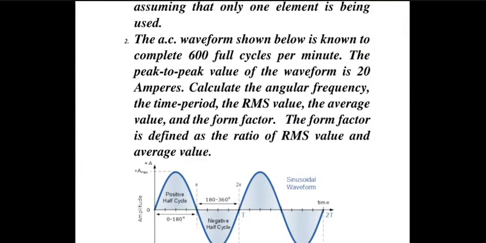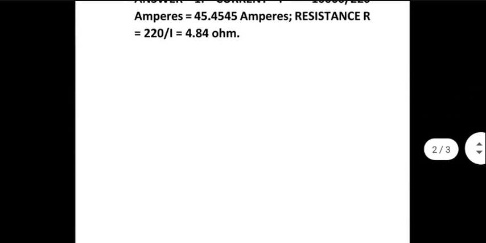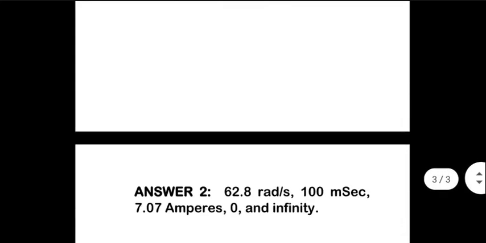RMS value is peak value divided by square root of 2. Peak to peak value is given as 20 amperes. So peak value, assuming symmetric behavior, which is shown anyway. Symmetric behavior means top half value is same as bottom half value. So peak value is 10 amperes. 10 divided by square root of 2 will be the RMS value, 7.07 amperes.